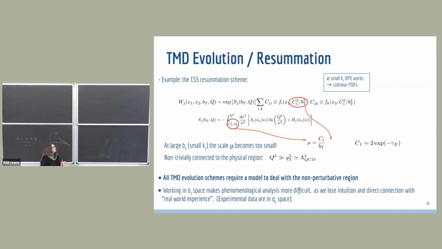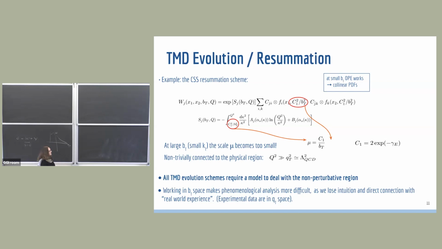So if this lower limit becomes too small, it means that you are pushing your perturbative description too low down, in a region where you know that you're not perturbative anymore. So you want to avoid this region, okay?